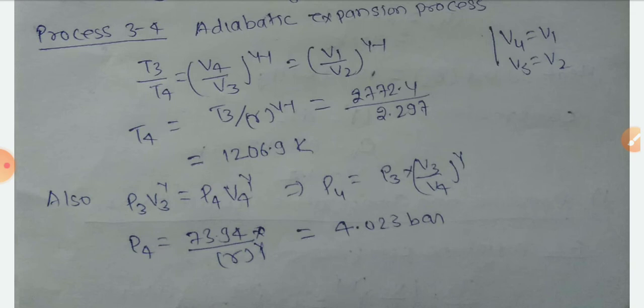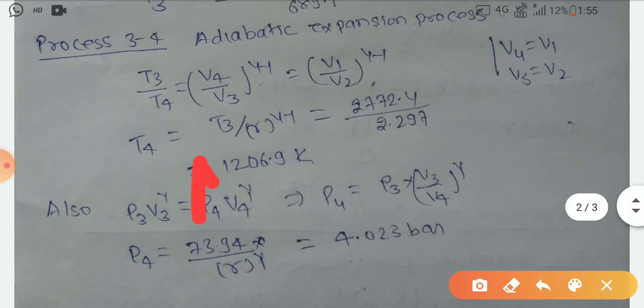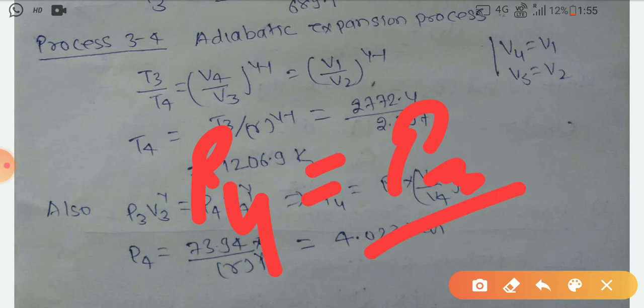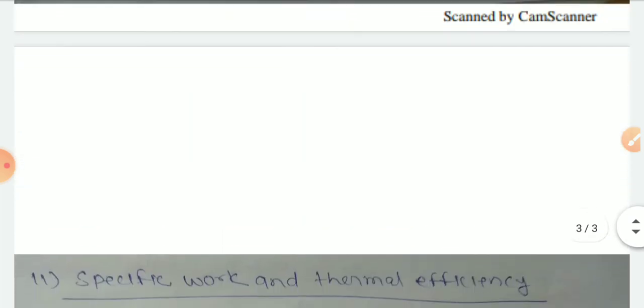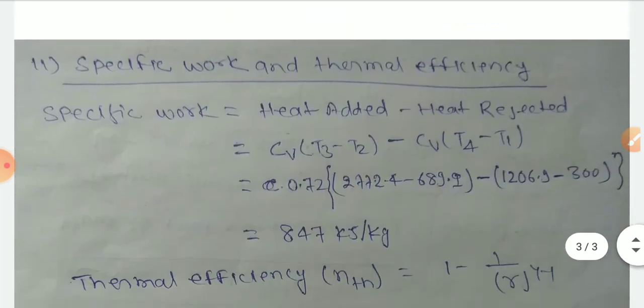So P4 is equal to P3 times V3 by V4 to the power gamma, and you can find P4 is 4.023 bar. So you have found each point's pressure and temperature.